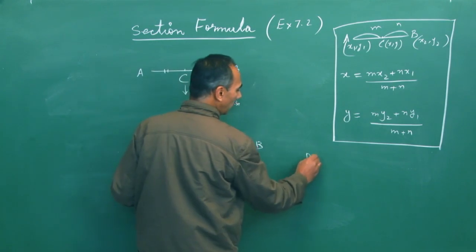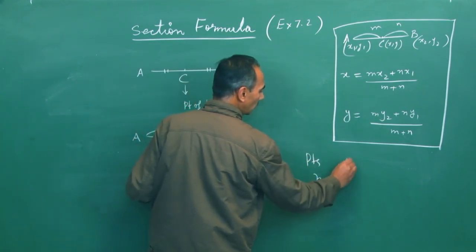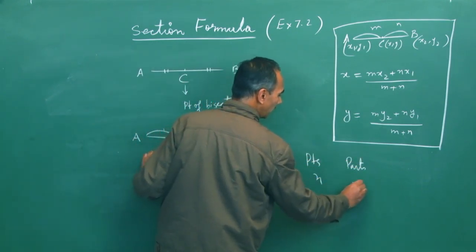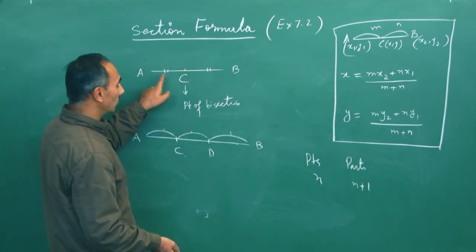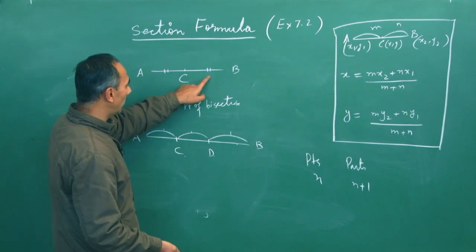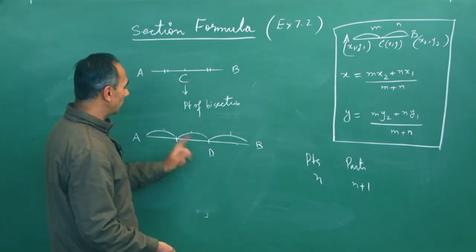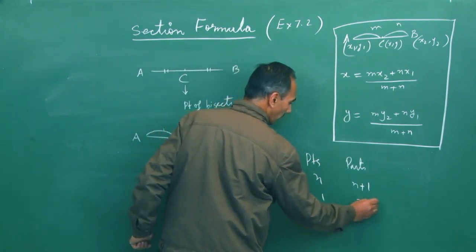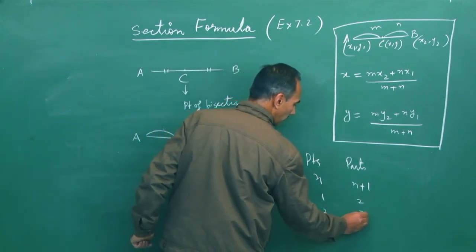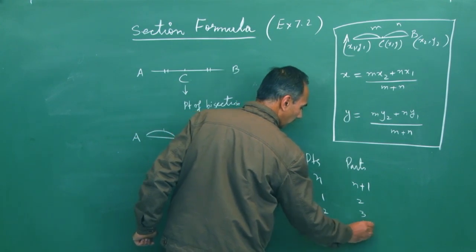If I have n points, how many parts will I have? N plus 1. So one point will divide into 2 parts and 2 points will divide into 3 parts. If you have 3 points, then you have 4 parts.